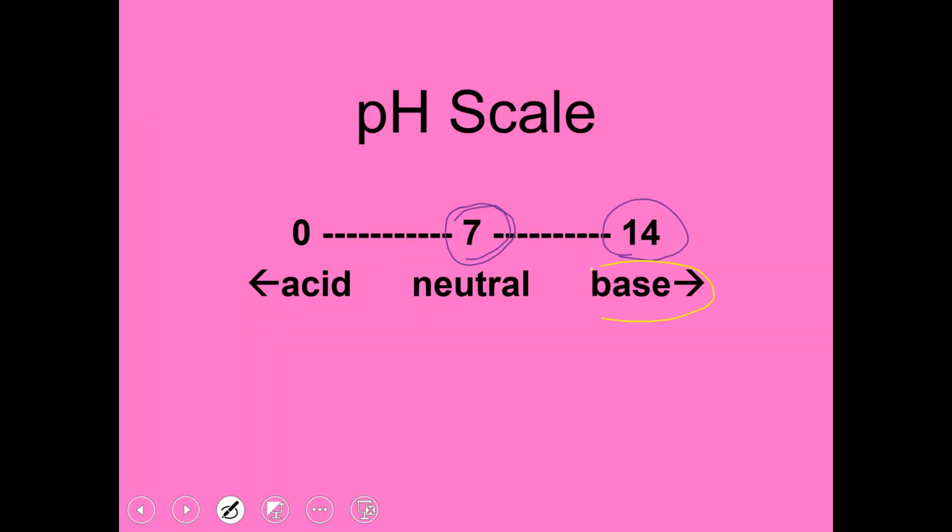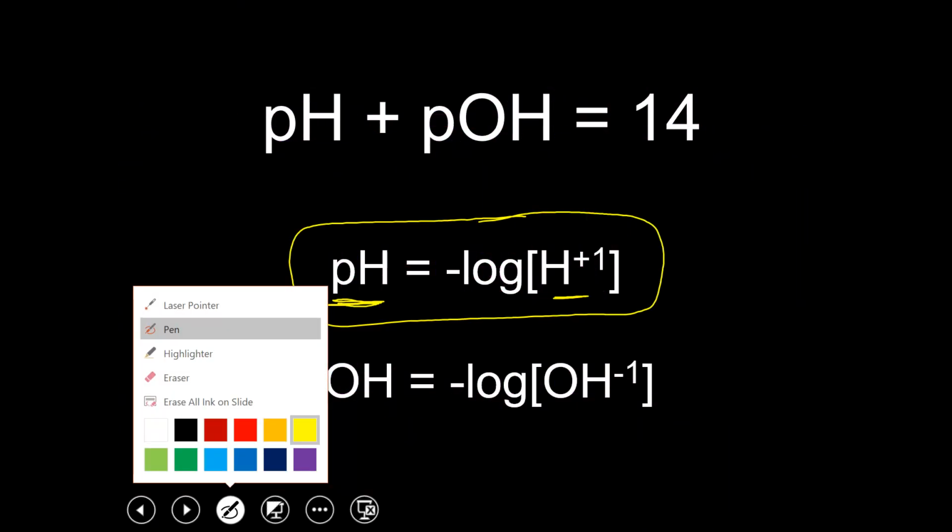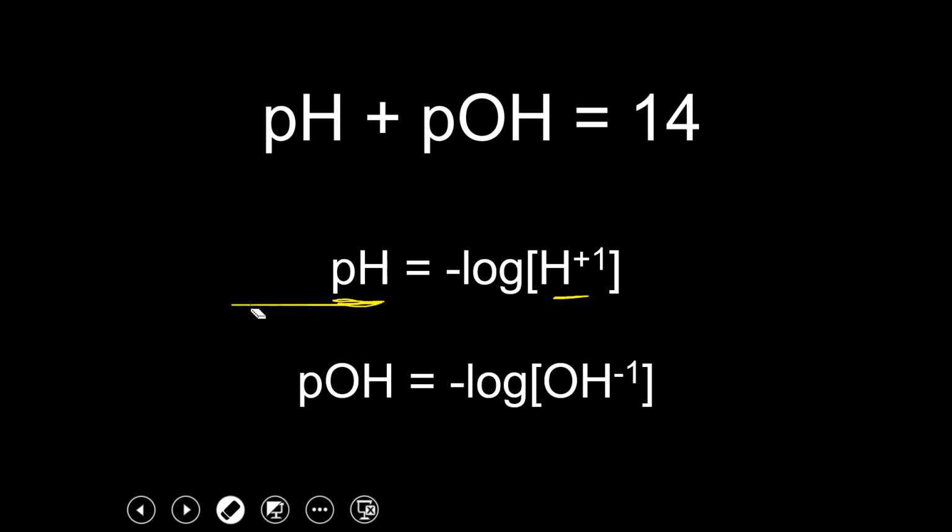And the higher numbers correspond to it being a base. So you can see that there's a mathematical relationship between the concentration of these ions and the pH.